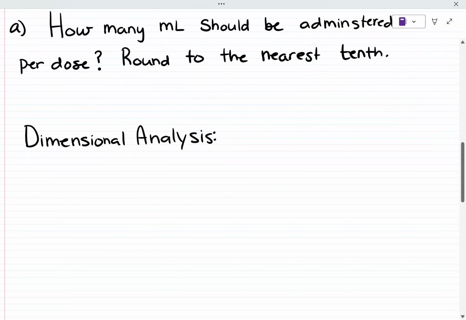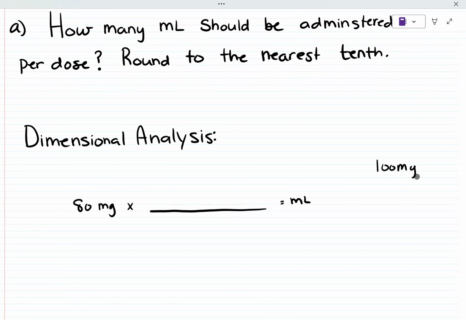We started out with 80 milligrams PO, then a fraction, and our final units have to be milliliters. We have a concentration of 100 milligrams per 5 milliliters, and we should not leave it like this.